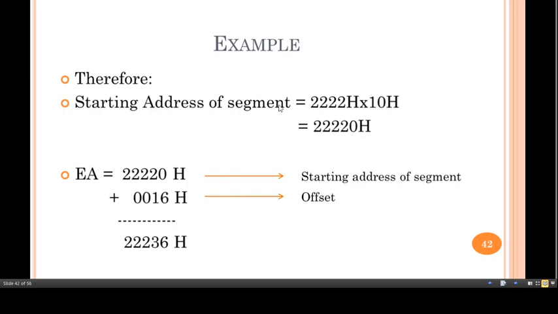Starting address of segment is 2222H times 10H, so we get 22220H, and the effective address is starting address of segment plus offset. So 22220H plus offset 0016H, and when we do the addition we get 22236H, and this is nothing but the effective address for the given location.